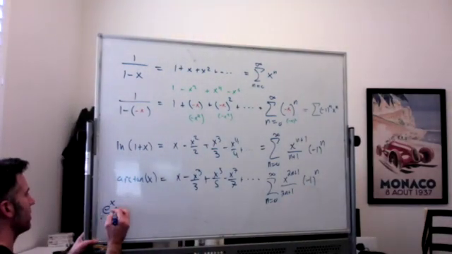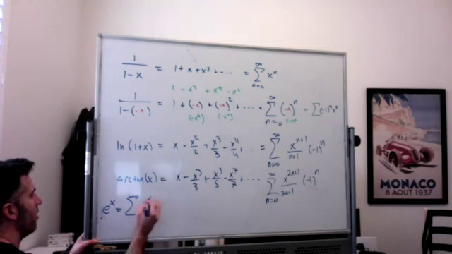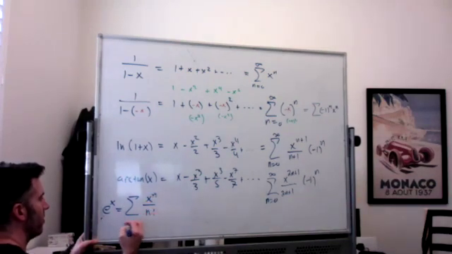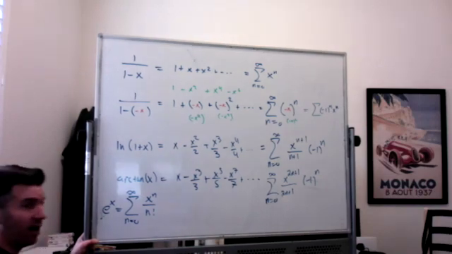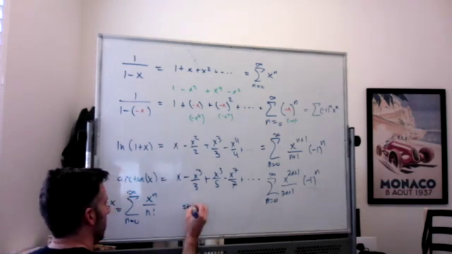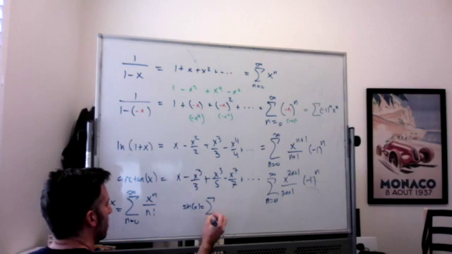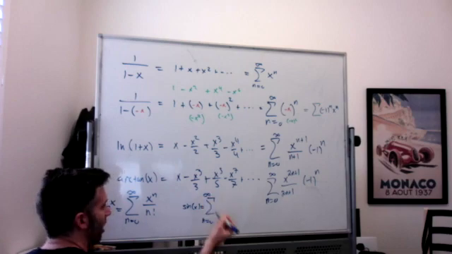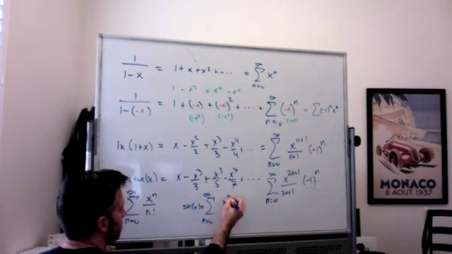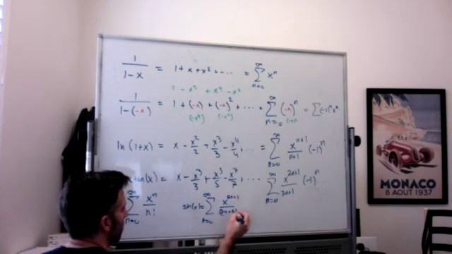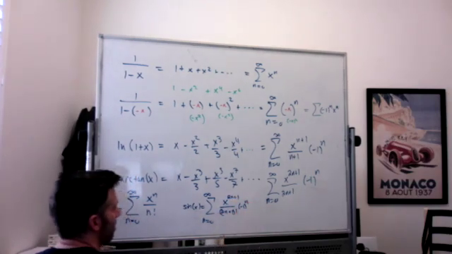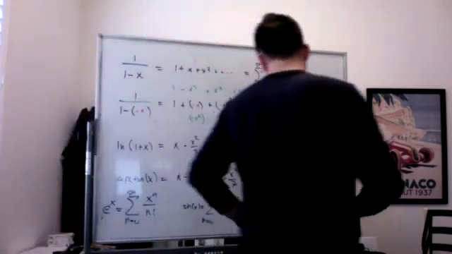So e to the x is the sum of x to the n over n factorial from n equals 0 to infinity. Sine of x is the sum from n equals 0 to infinity, the odd powers: x to the 2n plus 1 over 2n plus 1 factorial times negative 1 to the n. And then cosine is the even powers.